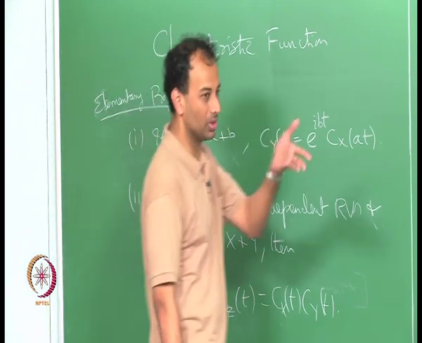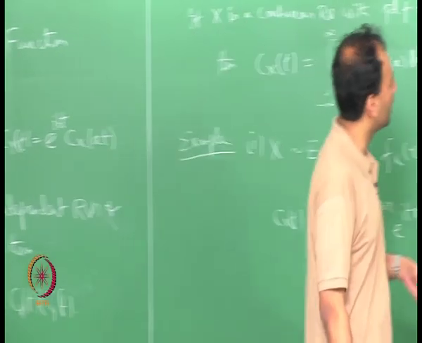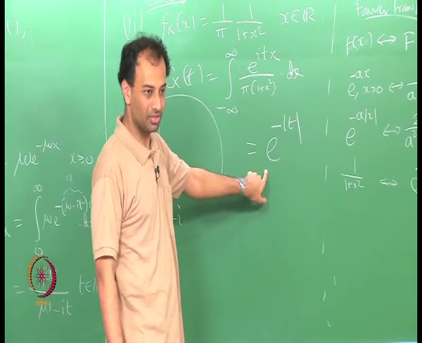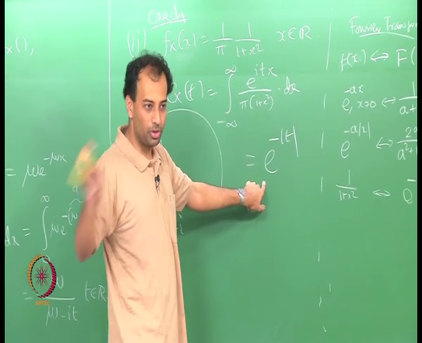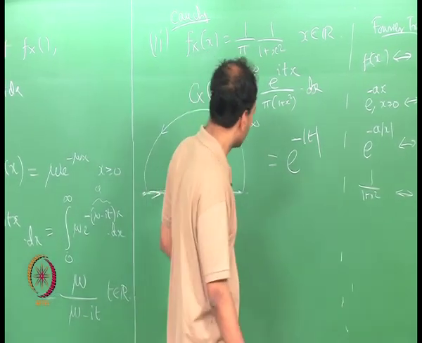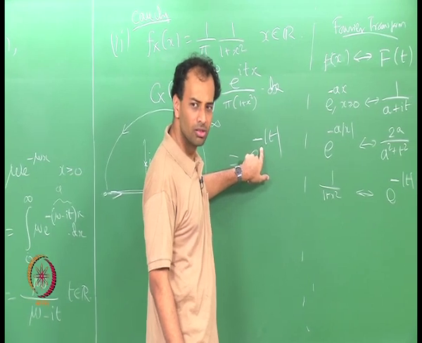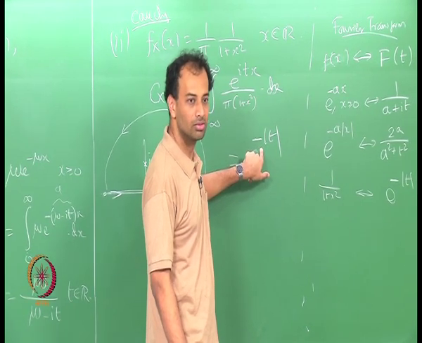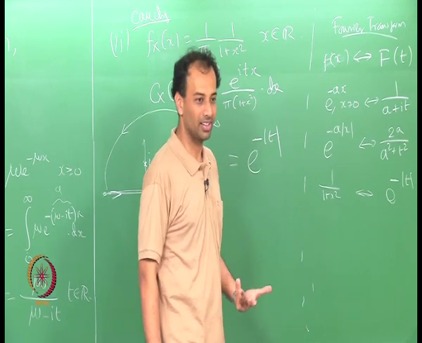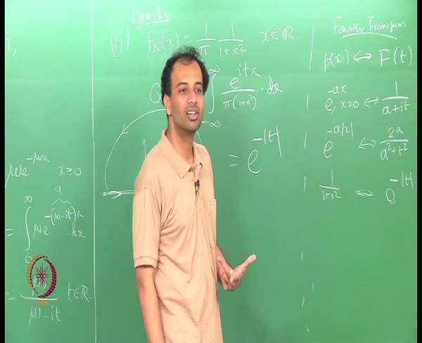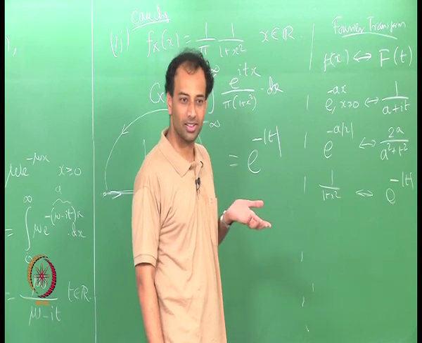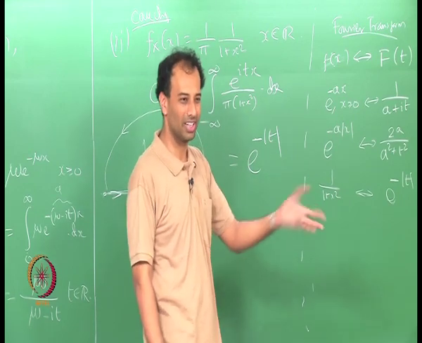You can do this example for yourself. If x and y are independent and identically distributed according to the Cauchy distribution, you know its characteristic function. If z is the sum of two standard Cauchy random variables, its characteristic function will be e power minus twice absolute t. If you invert that, you would imagine it will be another Cauchy distribution with a different parameter.